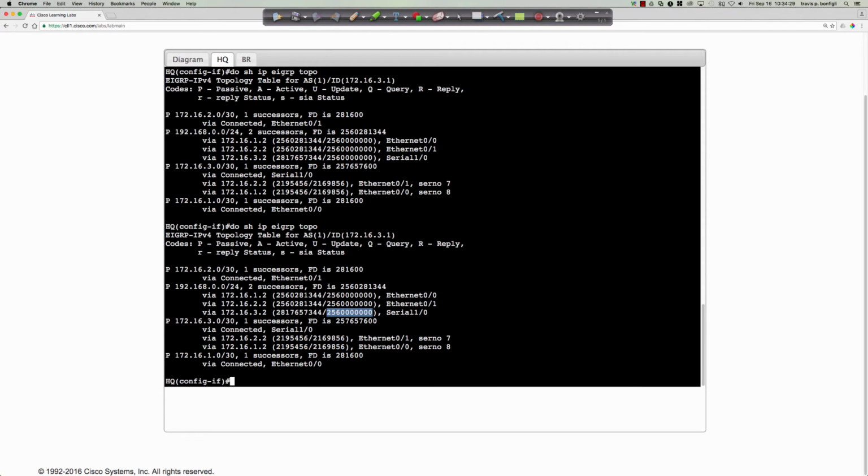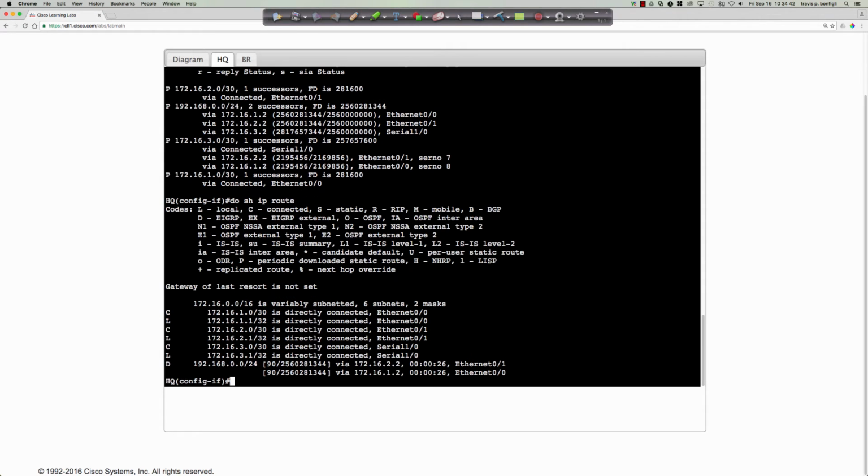It did it for everybody, and did it force it into the active state? Absolutely, it tweaked it just enough to force it to go passive, because if I say do show IP route, it's only been in there for 26 seconds with that computed distance.